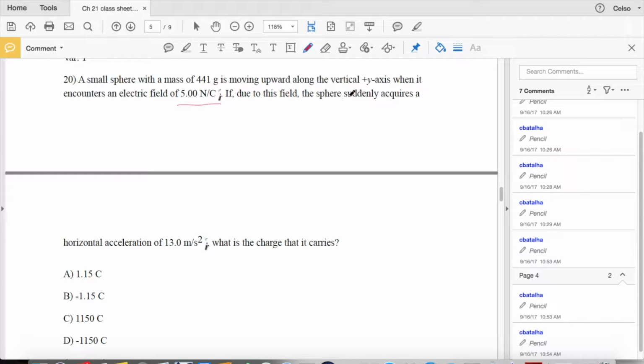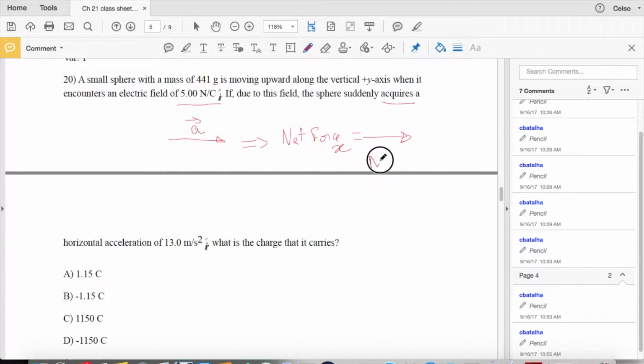Due to this field, the sphere suddenly acquires a horizontal acceleration. The only thing we know is that the net force along the x direction is also pointing that direction.